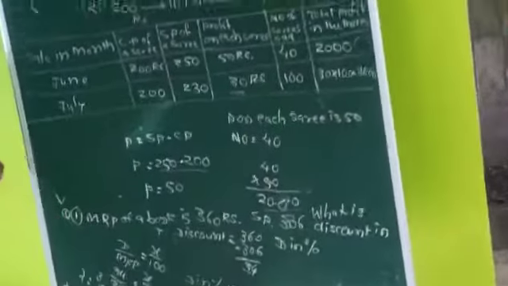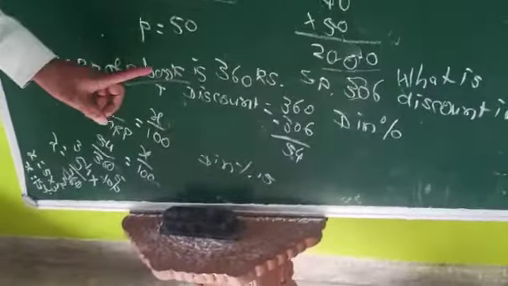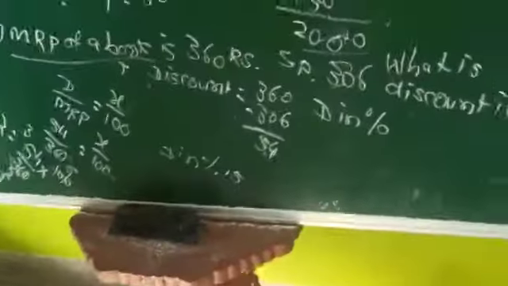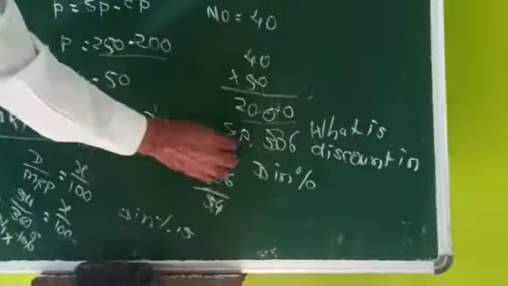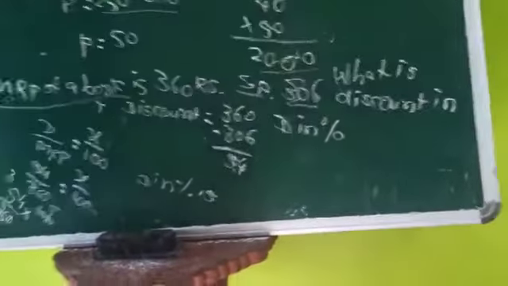So now here the MRP of a book is 360 and the shopkeeper sold it at 306 rupees.